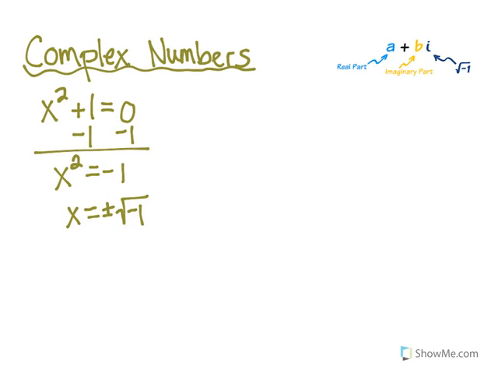So mathematicians came up with this new different kind of numbers called complex numbers to take care of radicals with negative numbers. And the first thing that they did is they came up with the imaginary number i to represent the square root of negative 1.